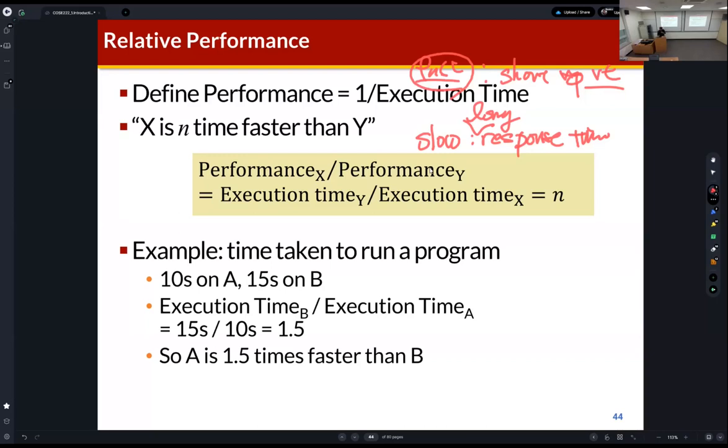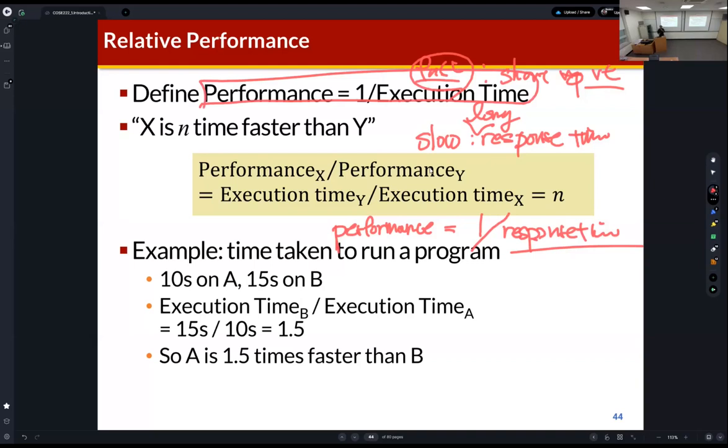So actually performance is the inverse of response time. Obviously, right? I think it's easy to understand. You need to remember that performance is 1 over execution time. Also remember that in this class we just focus on response time.